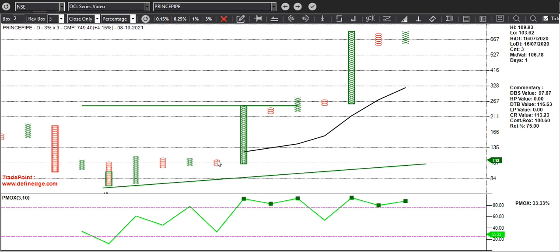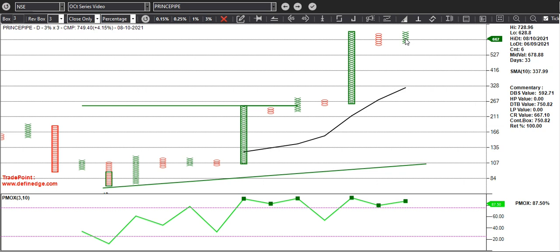Imagine somebody getting into this trade with the double top buy at 117, and not a single stop loss has triggered. The stock is trading at 749, so it's more than 6x.